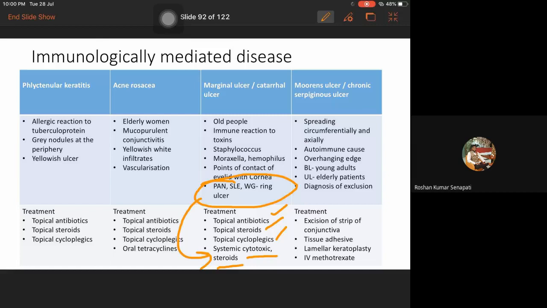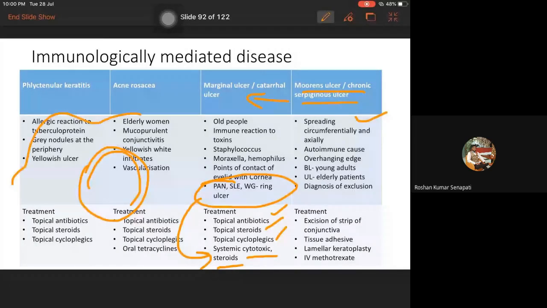Then you have something known as Mooren's ulcer or a rodent ulcer. It's different from a marginal ulcer. This spreading is circumferential and axial. Suppose this is the cornea. It spreads circumferentially like this. And suppose this is the cross-sectional view of the cornea.